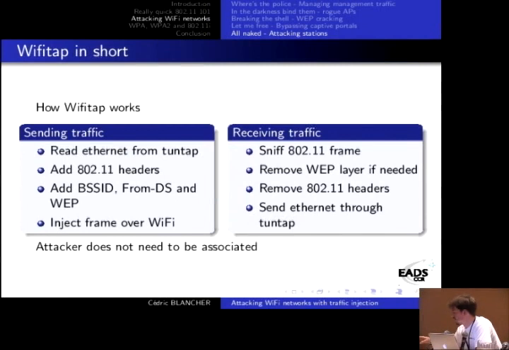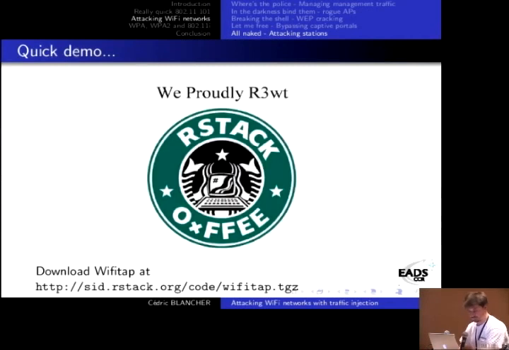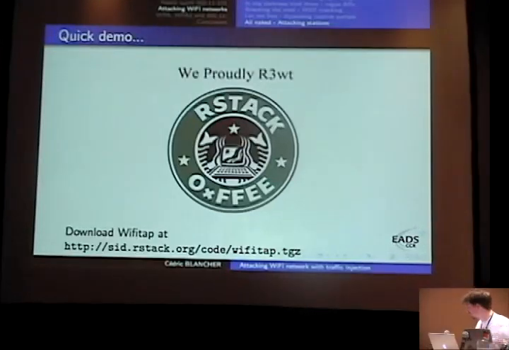I take the Ethernet frame, add 802.11 headers, and send them on the wire with the From DS flag set. So when I send the frame, the station accepts it. So I'll try to make a demo. I hope Murphy is not looking at me.